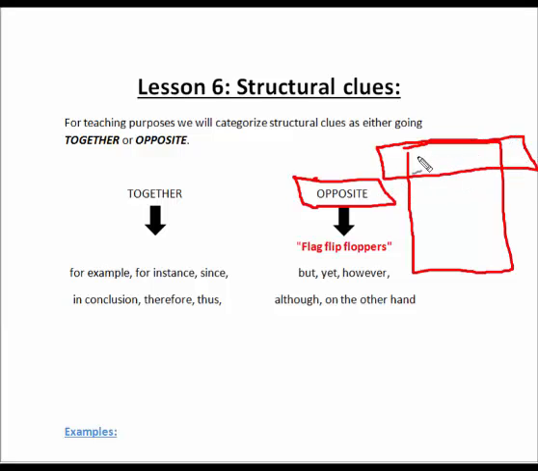This paragraph says, Susie loves candy. In combination with our topic sentence here, we will use the good stinky rule. When she loves candy, that is positive. We see our first flag flip-flopper, opposite structural clue, the word but.